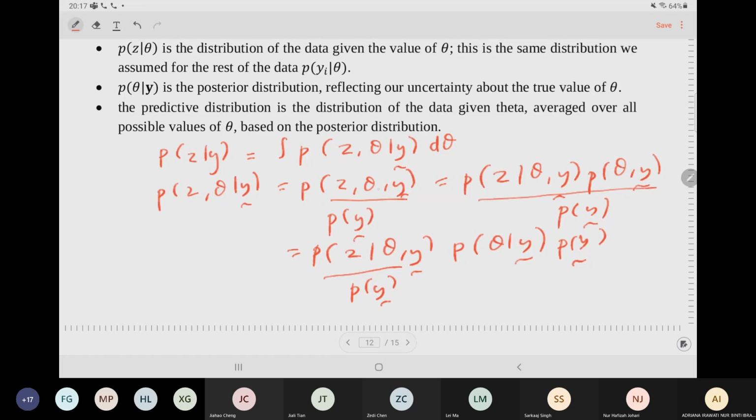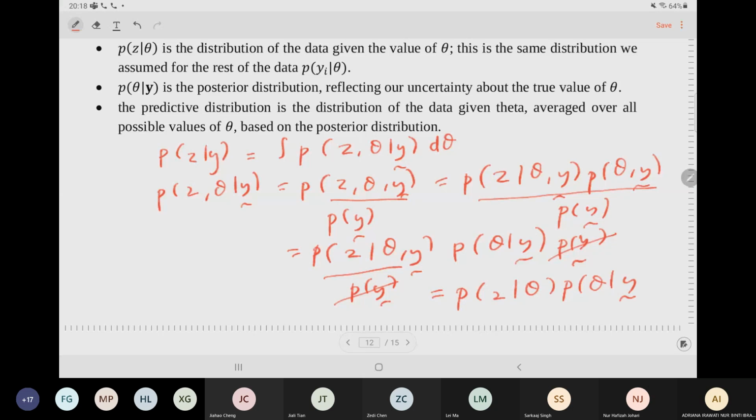You can find the joint z, theta, y using the conditional for z given theta and y, and then theta and y you can get from the conditional of theta given y with y. So you need all the conditional behavior. And then you can see you already cancel out your p(y) here.